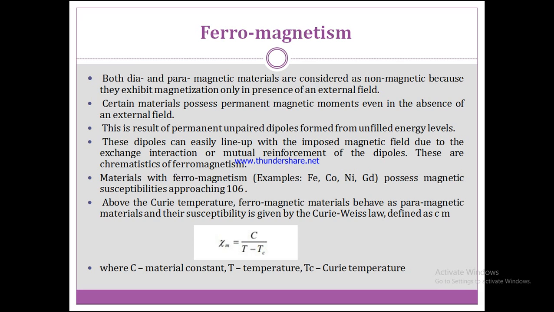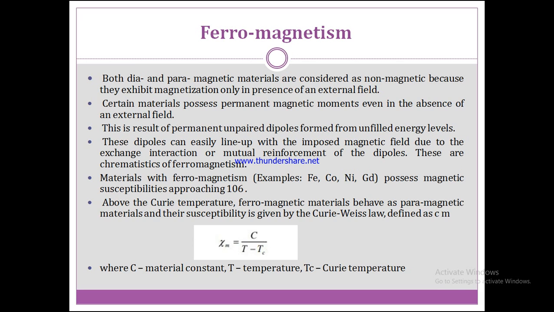Above the Curie temperature, ferromagnetic materials behave as paramagnetic materials, and their susceptibility is given by the Curie-Weiss law, defined as Xm equals C divided by T minus Tc, where C is a material constant, T is the temperature, and Tc is the Curie temperature.